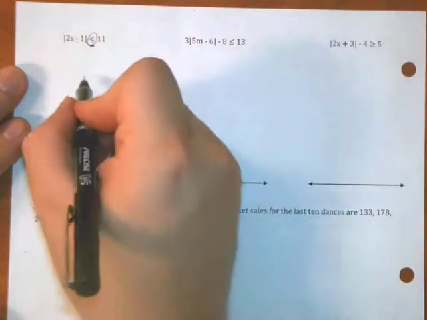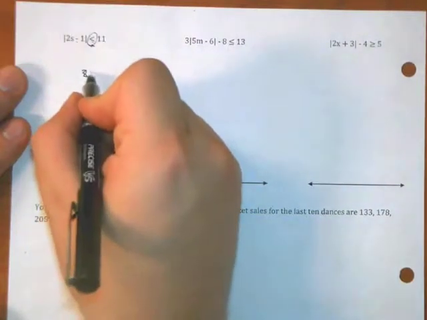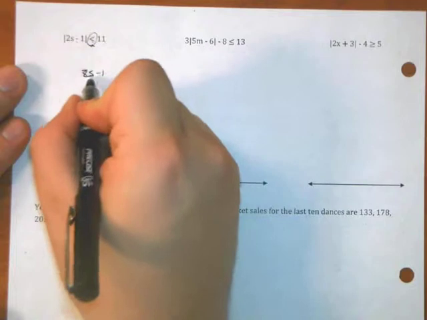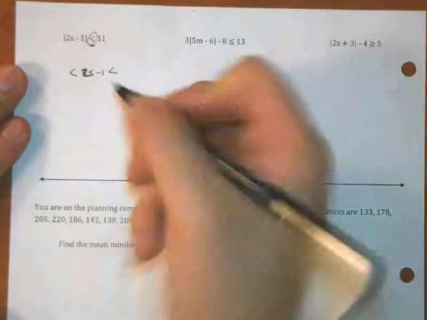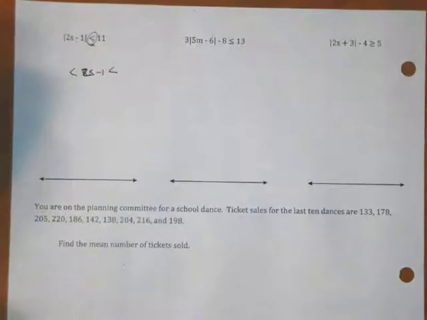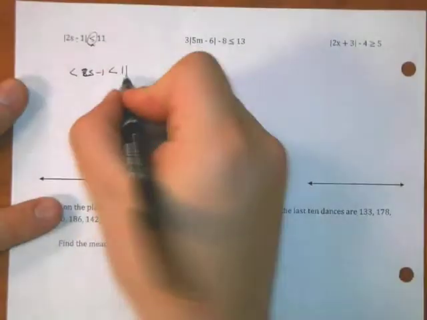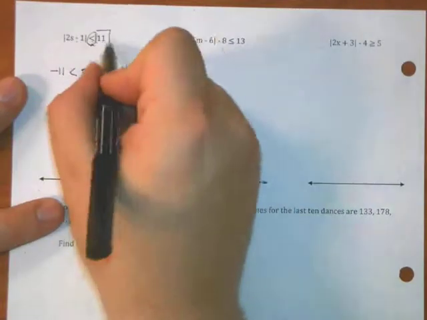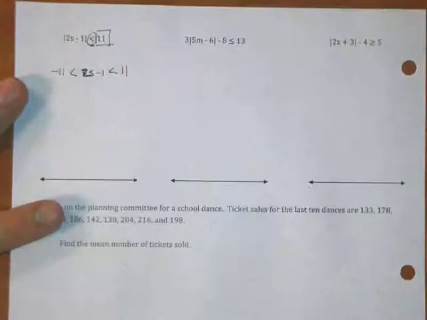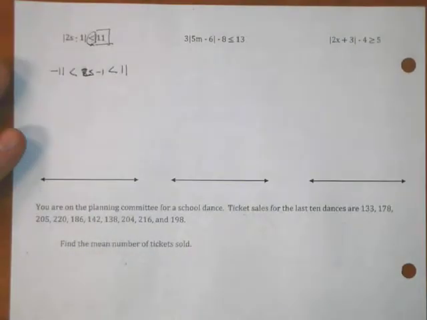So if it's a between, I'm going to write what's inside. 2s minus 1 is going to be between what 2 numbers? Positive 11 and negative 11. Okay, how do I solve this compound inequality then?